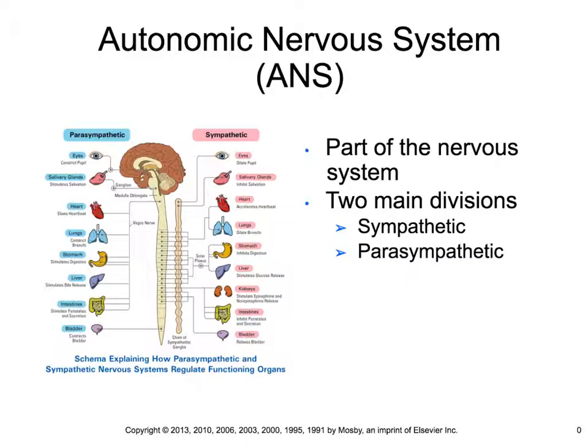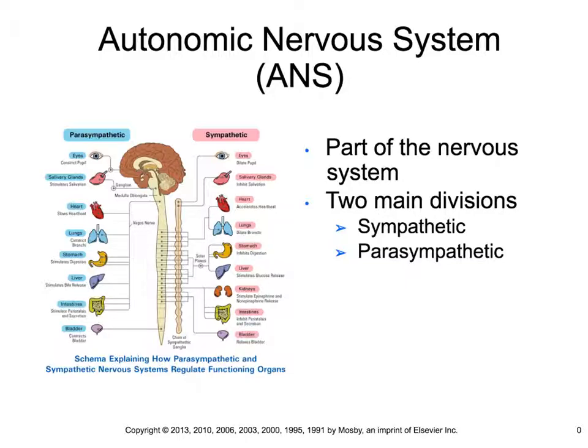This is because the main neuroreceptor is epinephrine or adrenaline. It could be norepinephrine or dopamine. These are said to be catecholamines.